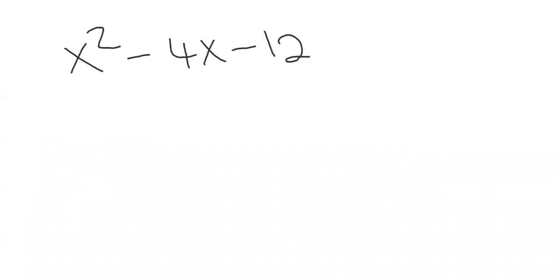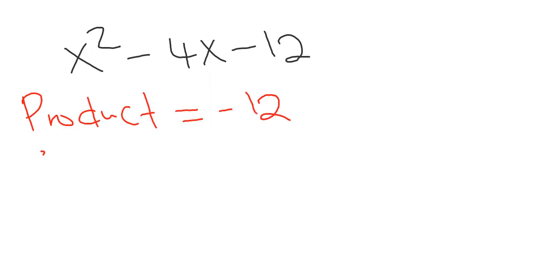We look for two numbers, we multiply them, they give you negative 12, and then you add them, they give you a sum of negative 4. I want to believe that by now, you know why our last number is negative 12 and not 12, and why our middle number is negative 4 and not 4.